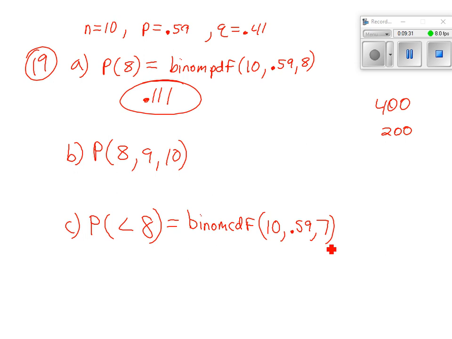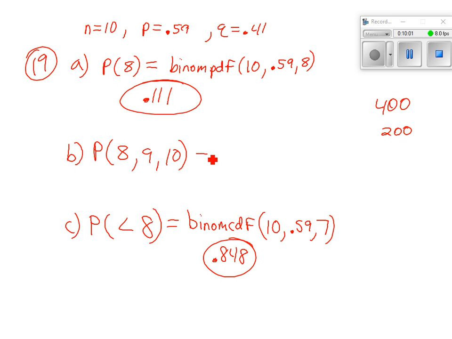What's that give us? So about an 85% chance that if we go out and ask 10 people, 7, 6, 5, 4, 3, 2, 1, or 0 are going to say that they like baseball.